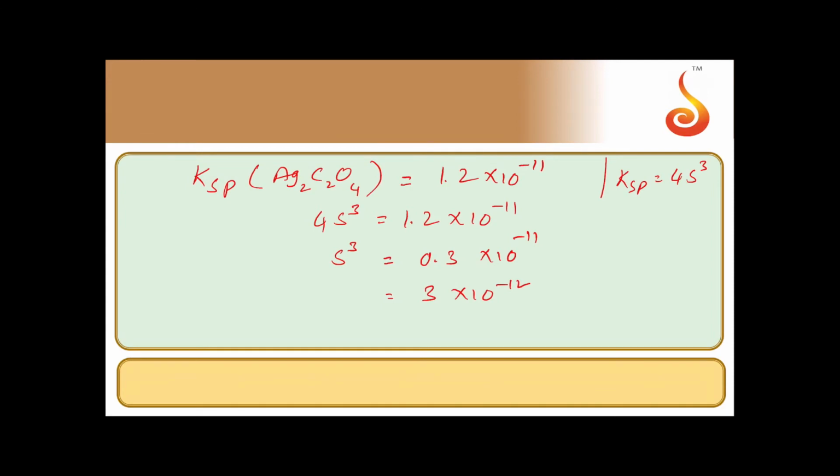Therefore, s is equal to the cube root of 3 × 10^-12, which is cube root of 3 times 10^-4, and the cube root of 3 is 1.442. So 1.442 × 10^-4 molar is the molarity of the solution. So we found the first part, the molarity. The second part is to find the κ of the salt.